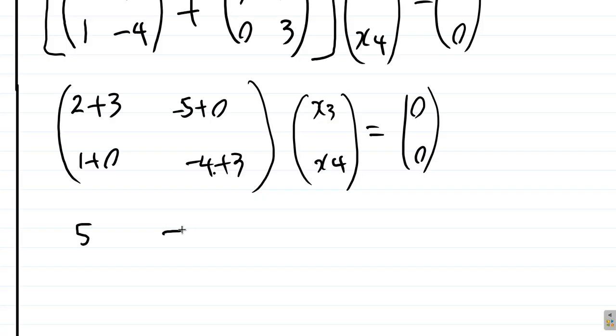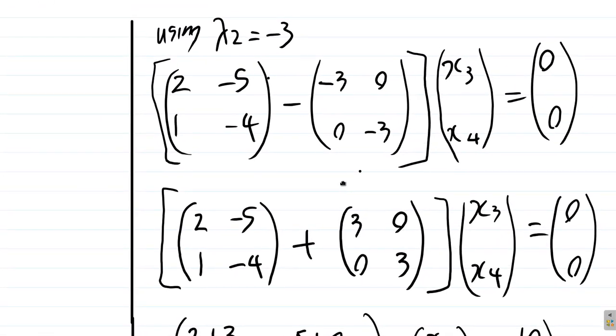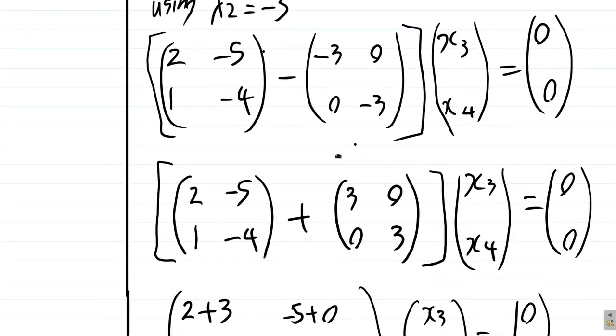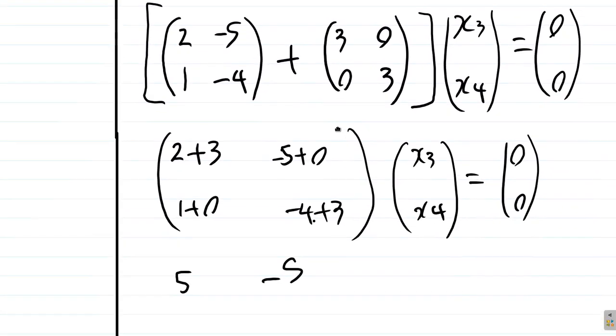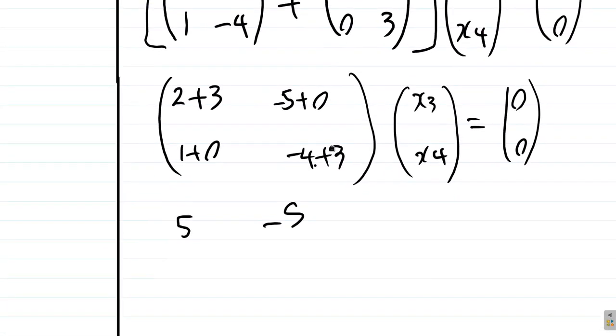Negative 5 plus 0 is negative 5. So you have 5, negative 5, and then you have 1 plus 0 is 1, negative 4 plus 3 is what?